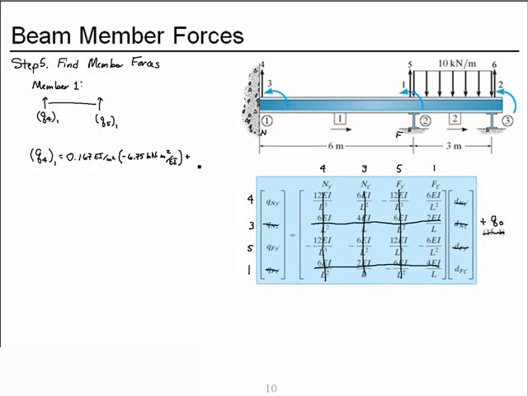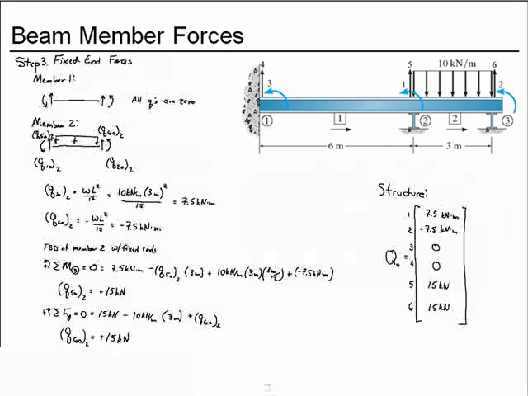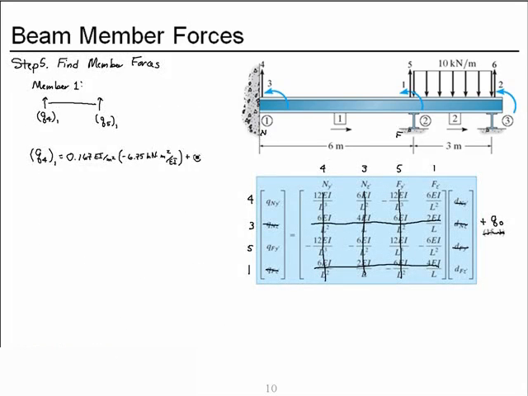And to which we add the fixed end forces for member 1, and the fixed end force for member 1 is 0. So the shear at the left end of member 1 is a negative 1.125 kilonewtons. Up would have been positive, so it is in fact down.